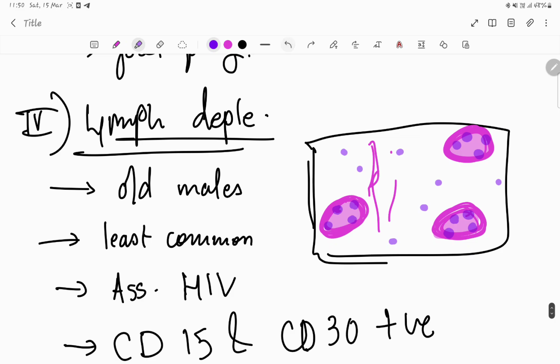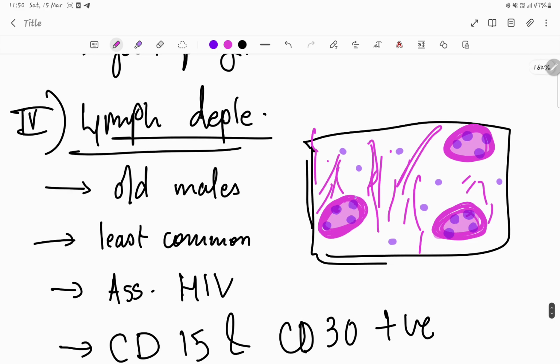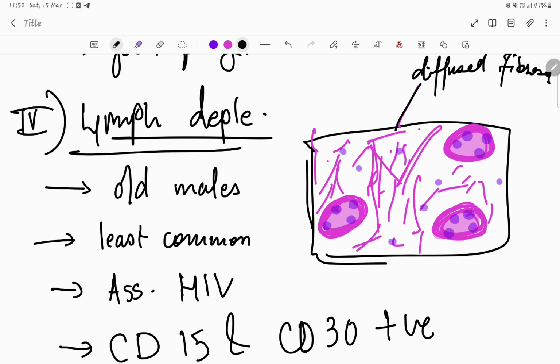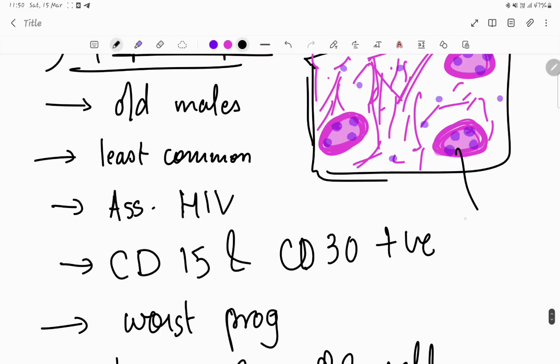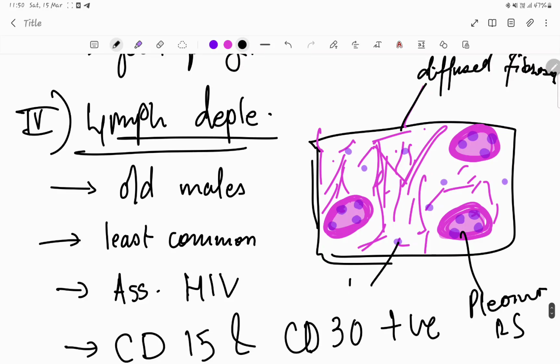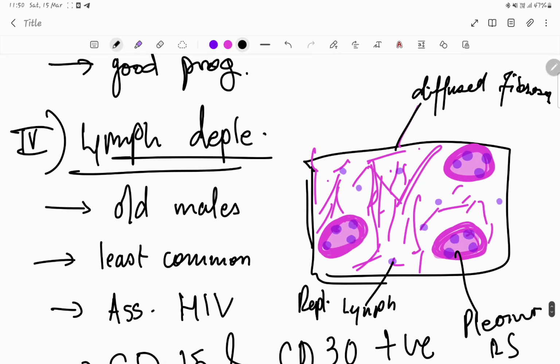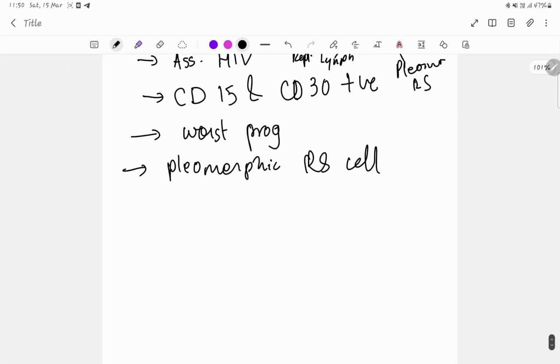Lymphocytes are depleted, so there will be hardly any lymphocytes. What we can see is a lot of fibrosis, and this fibrosis is not prominent, it is diffuse. These are the pleomorphic RS cells, the atypical ones. These are the depleted lymphocytes. And then we can also see some histiocytes. So that is what we generally see.